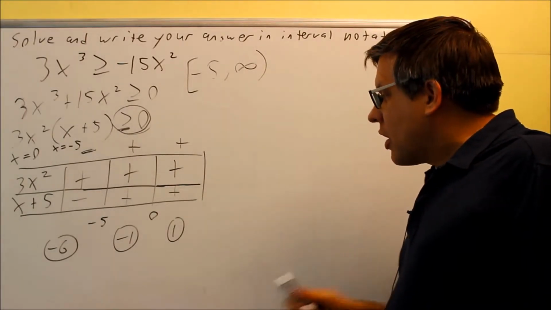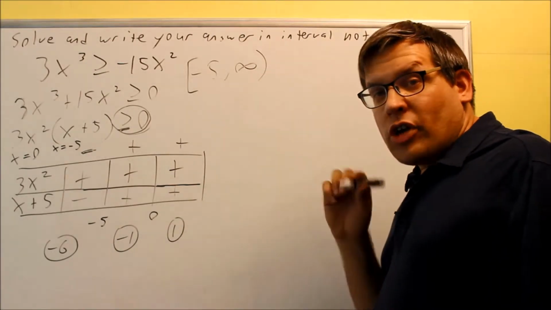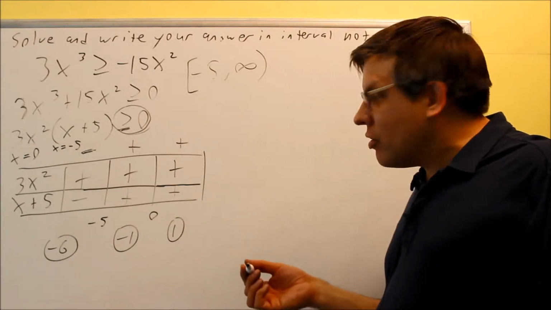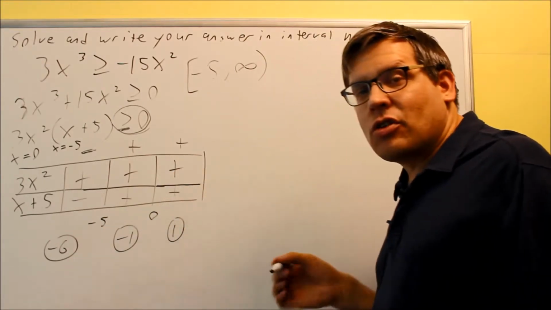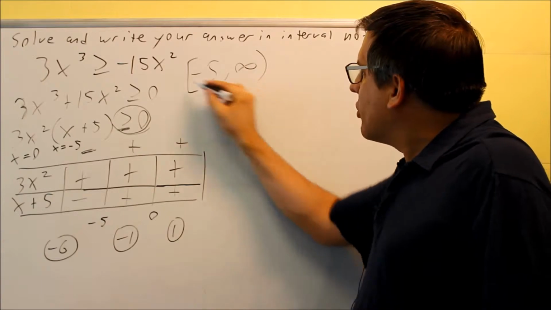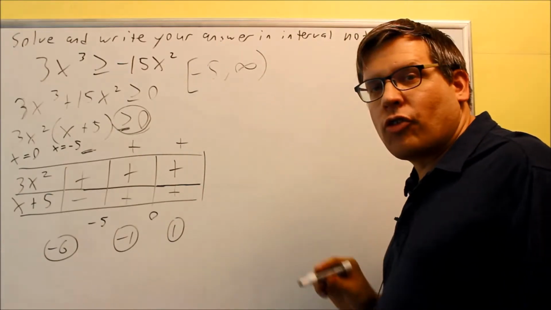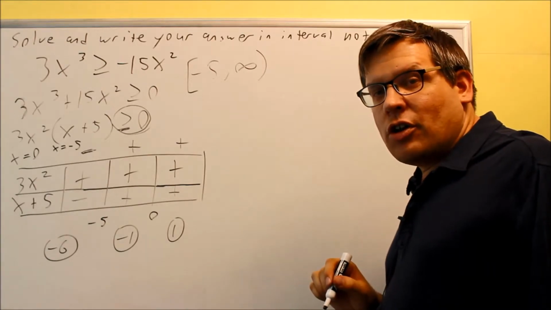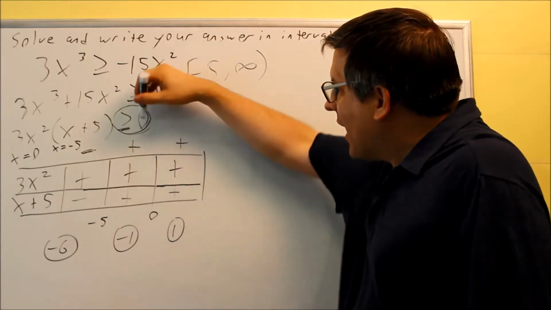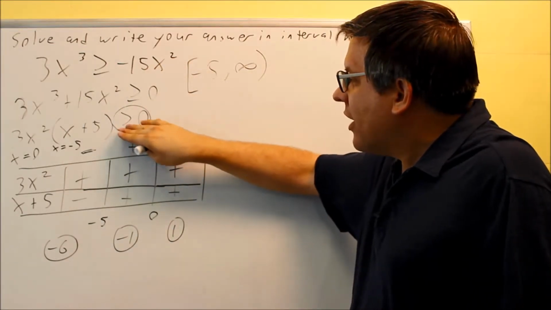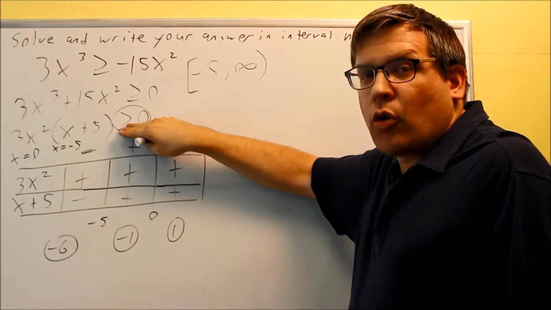So the question is, can I go from -5 to 0 and from 0 to infinity? Well, if we have brackets on those, that's fine. You can do that: -5 to 0 with a bracket and then 0 with a bracket to infinity. However, it's easier to write it this way because then you're including the 0 automatically. The only time you have to separate those into two separate intervals is if that equal sign was gone, then the 0 would not be included.